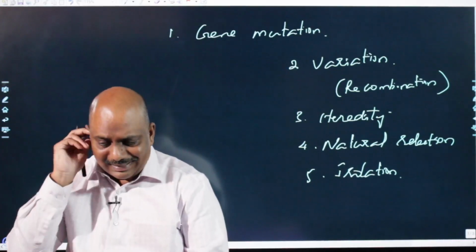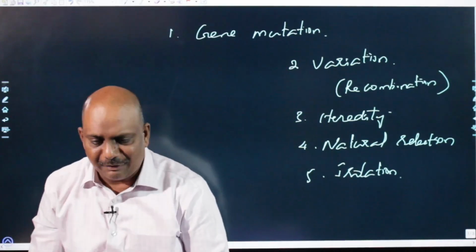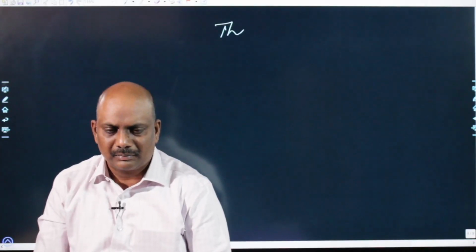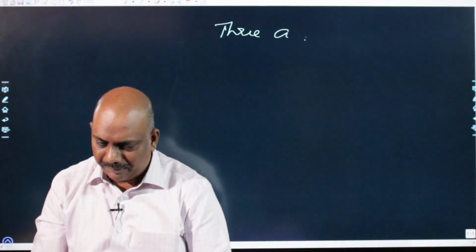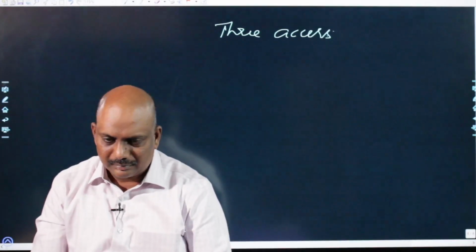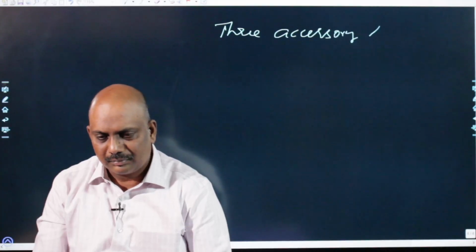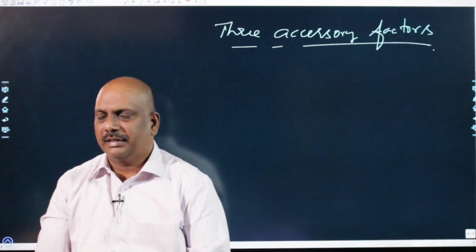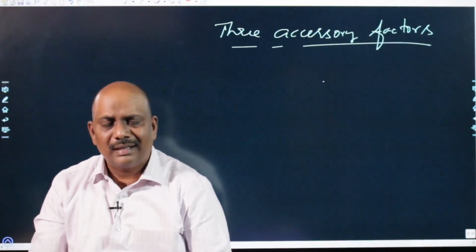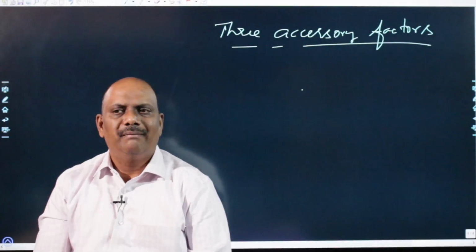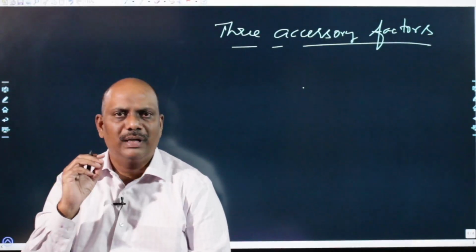Further, apart from the five major factors, there are three accessory factors in the synthetic theory of evolution, which also play a major role in evolution.